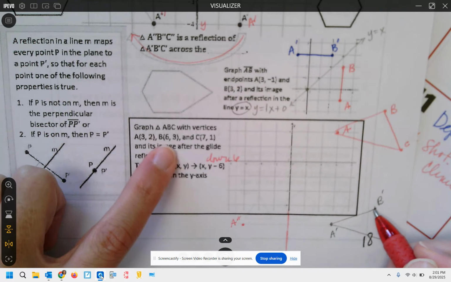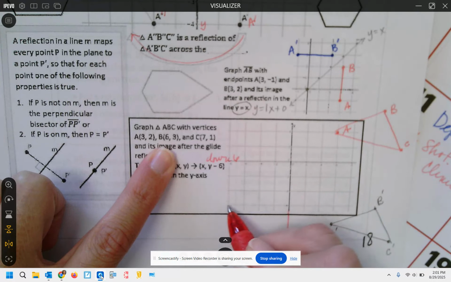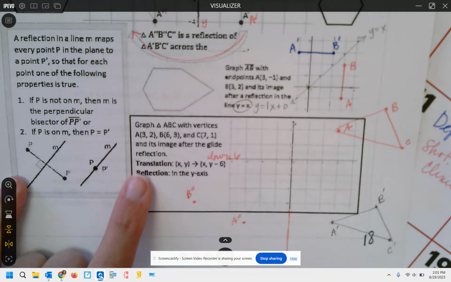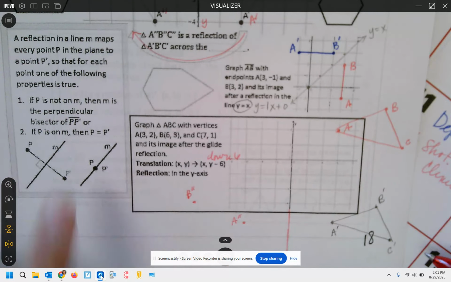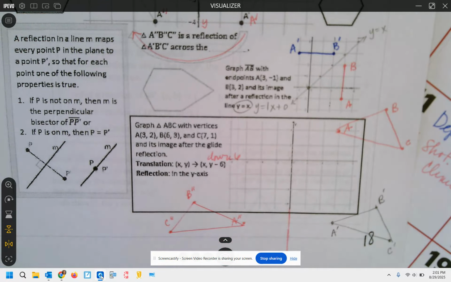B is 6 units away, so we need to go 6 units on the other side. And C is 7 units away, so we need to go 7 units on the other side to get C double prime. Okay? All right, that's it for reflections.